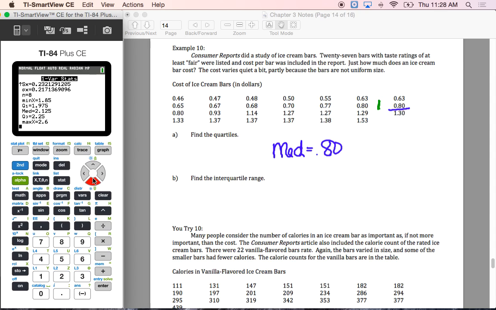There are 13 of them. You have to find the middle of those 13 numbers. So 13 divided by 2 means we'd have between 6 and 7. So you count 6 from the left, 6 from the right to find your middle value. Our middle value then should be 0.63. So that's my Q1.